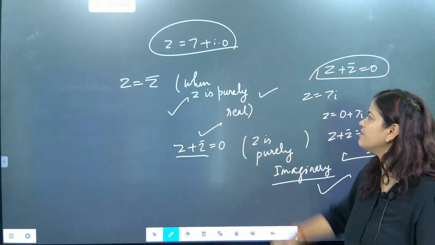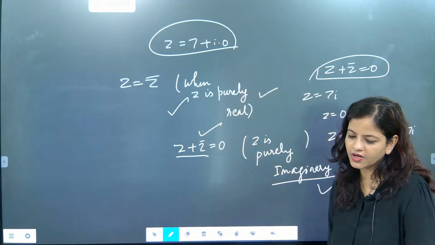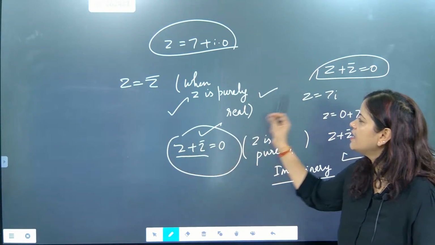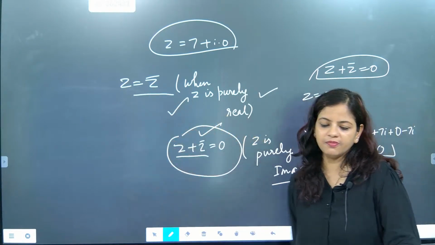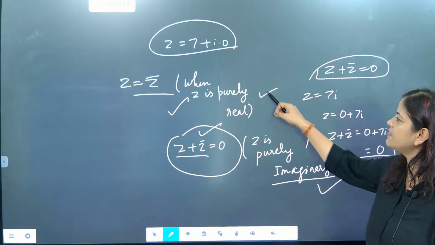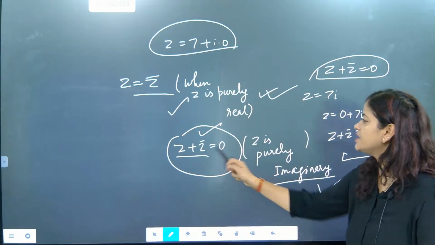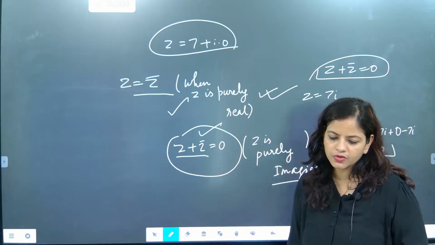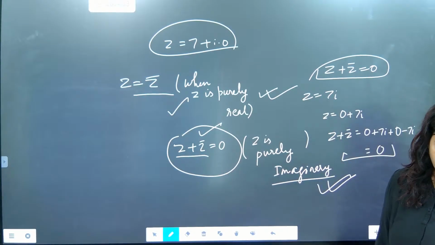Z equal to z bar means z is purely real; z plus z bar equal to 0 means it is purely imaginary. I hope these two conclusions everybody understood.